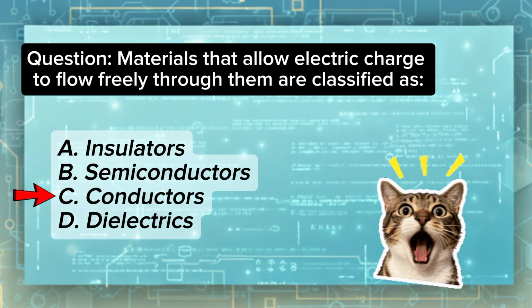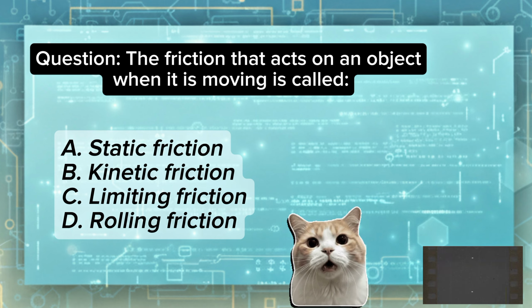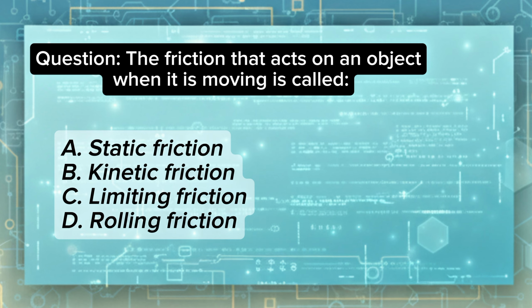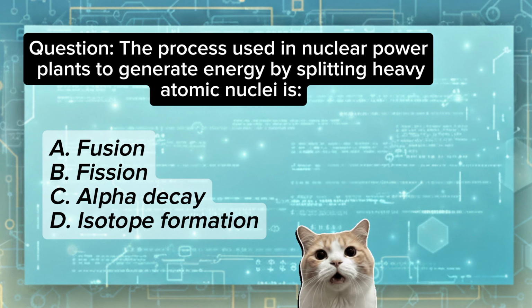Answer: conductors. The friction that acts on an object when it is moving is called? Answer: kinetic friction. The process used in nuclear power plants to generate energy by splitting heavy atomic nuclei is?